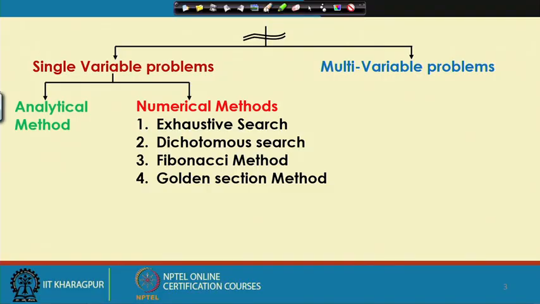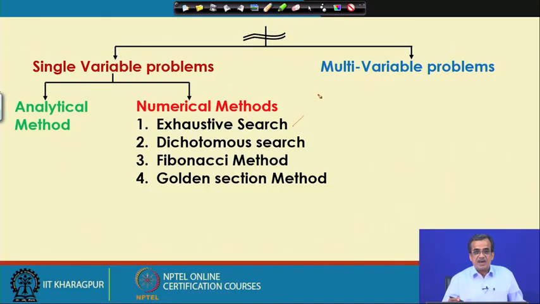That means, we will have to find out the derivative of the function with respect to the variable, put it equal to 0, and solve to find out the optimal solution. Now, I am just going to concentrate a little bit on the numerical methods. These numerical methods include exhaustive search method, dichotomous search, Fibonacci search, golden section method, and so on.